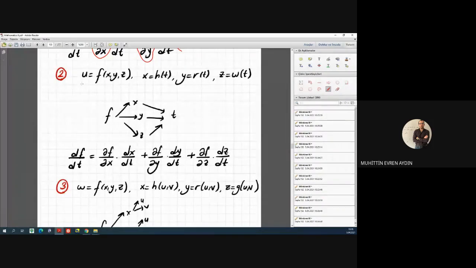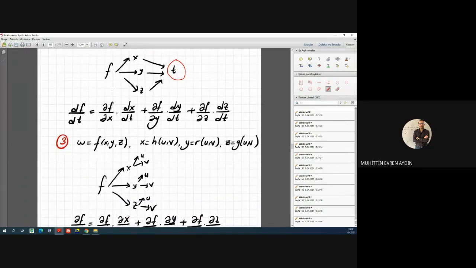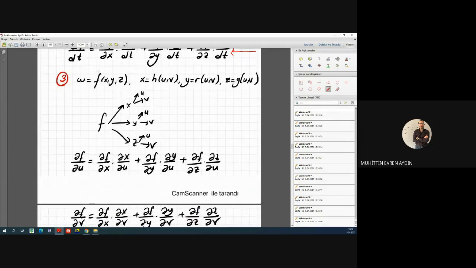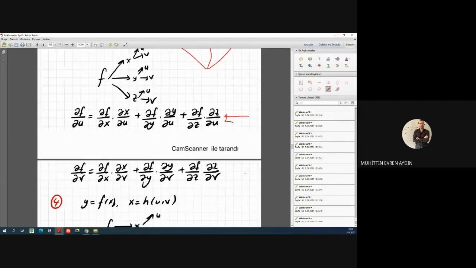Similarly, if f depends on x, y and z, and x, y, z depend on the variable t, the chain rule takes this form. And if f depends on x, y, z, and x, y, z depend on the variables u and v, then the chain rule takes this form.